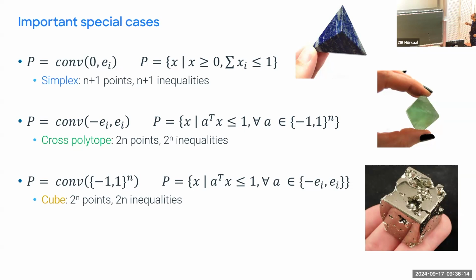And as a result, you get many more inequalities in order to describe that as a polyhedron. And then, of course, maybe the most well-known polytope is a cube, right? You have 2 to the n points, the convex hull of this, and how many inequalities do you have? For each direction you have 2, so 2n inequalities.